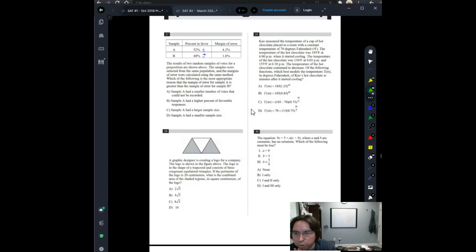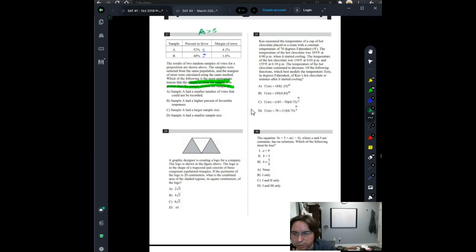Which of the following is the most appropriate reason that the margin of error for sample A is greater than the margin of error for sample B? So we see that A is greater than B here. That's what's going on, and we see that being indicated here. So, one, this is saying sample A had a smaller number of votes that could not be recorded.